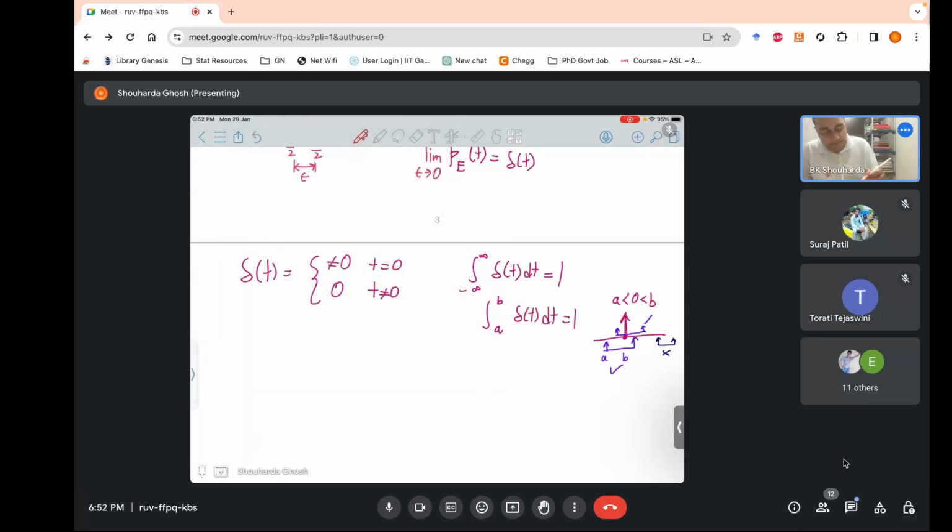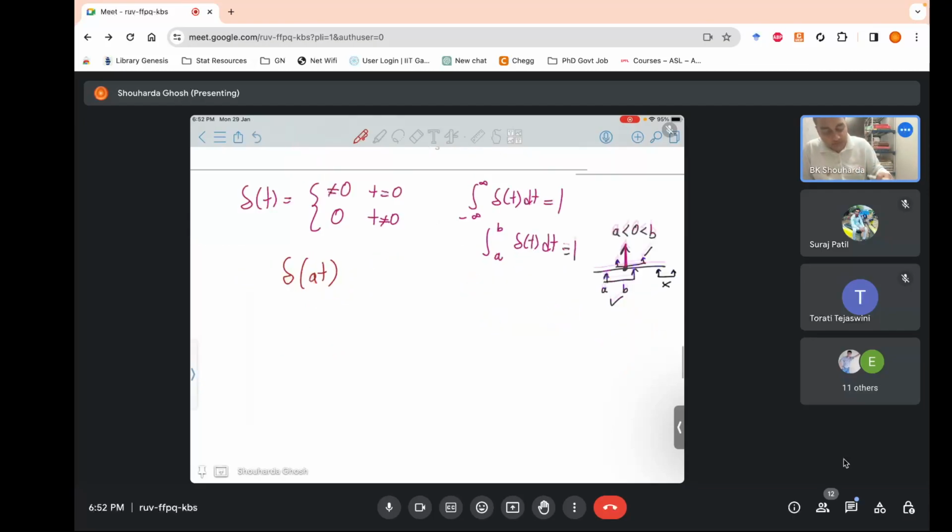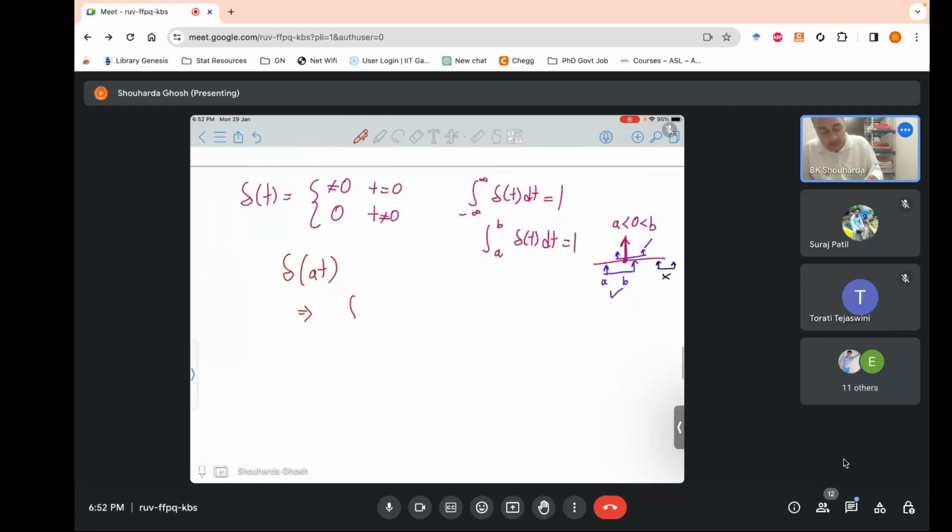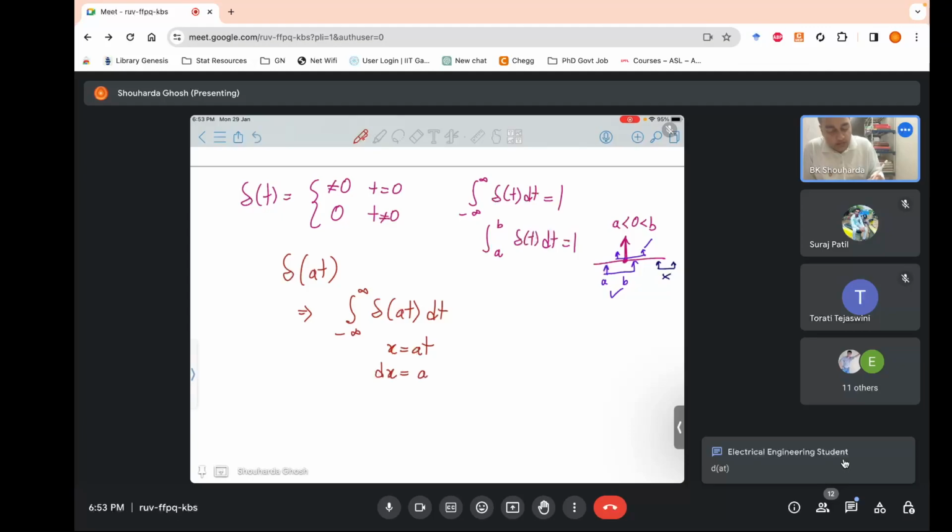So I'll use this property to find delta a of t, any arbitrary delta at. Let's try to find the integral over minus infinity to infinity of delta at dt. What we will be doing here is substitution of variables. Let's say x equals at, so dx equals a dt, since a is a constant.